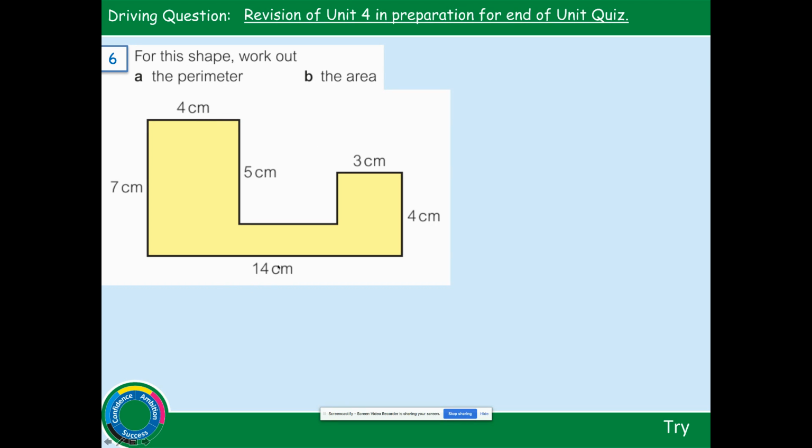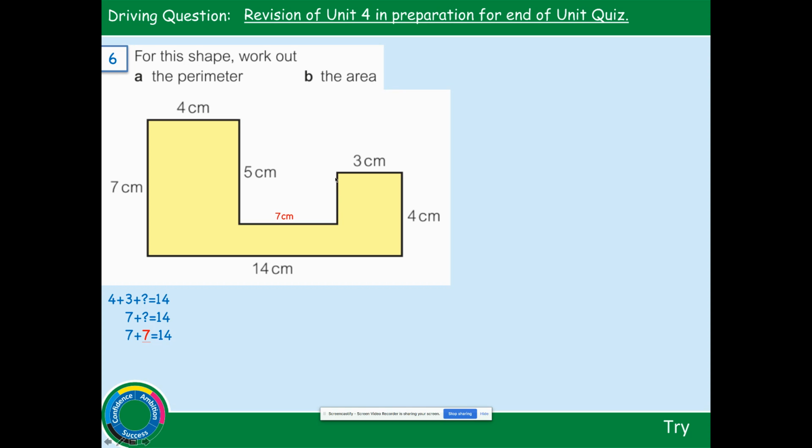So if I do 14, take away 7, I know that I'm going to have 7 left for here. Okay, so 7 add 7 is 14. So I know that that distance is 7. So 4, add 7, add 3, totals 14, the whole length.